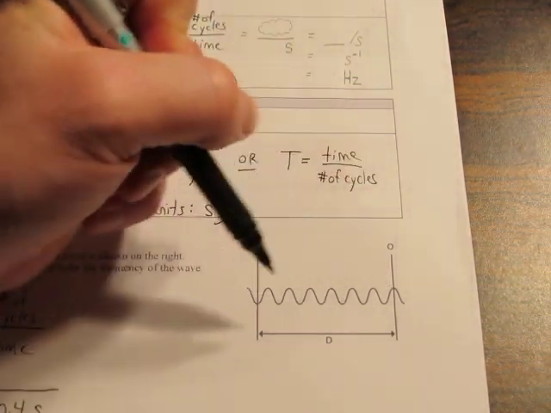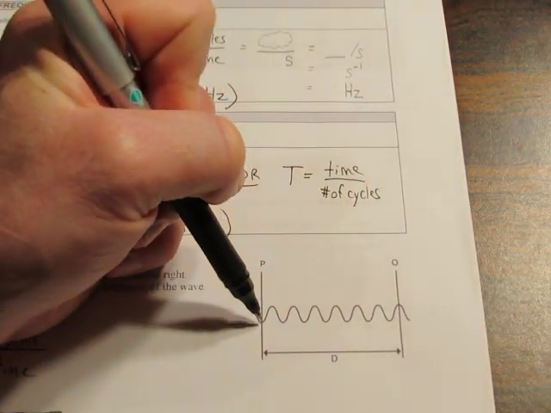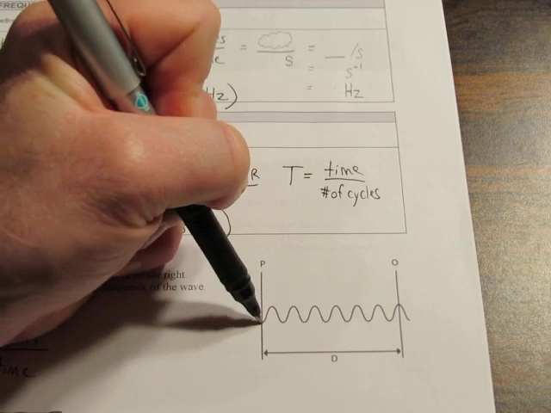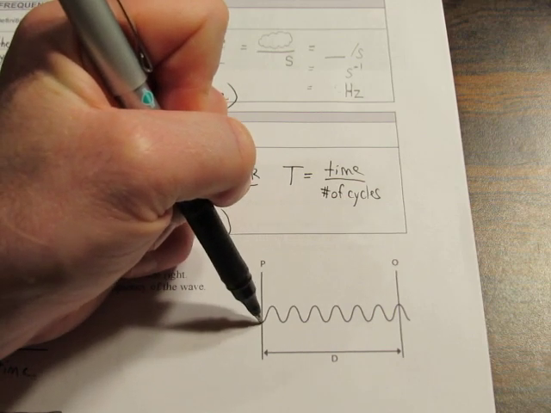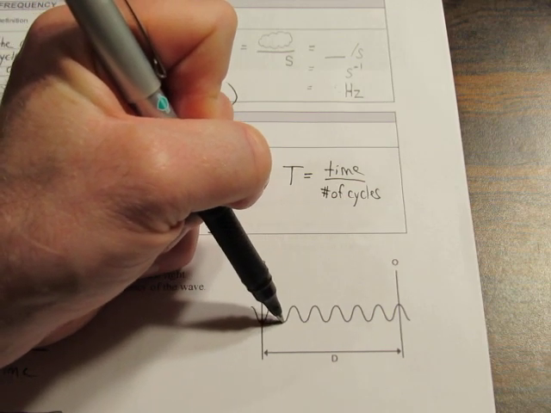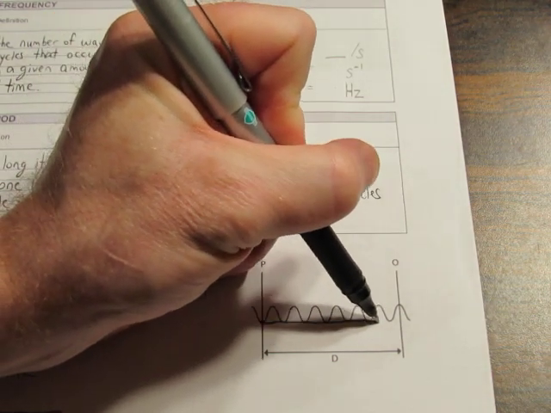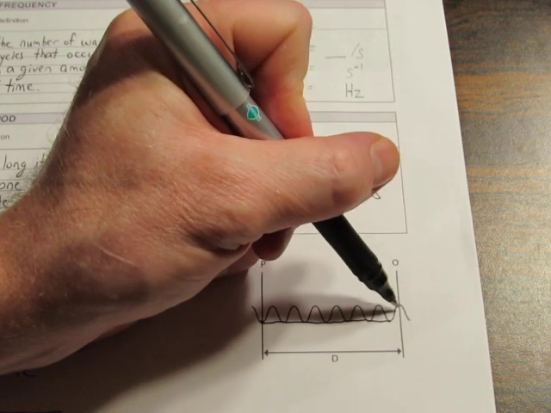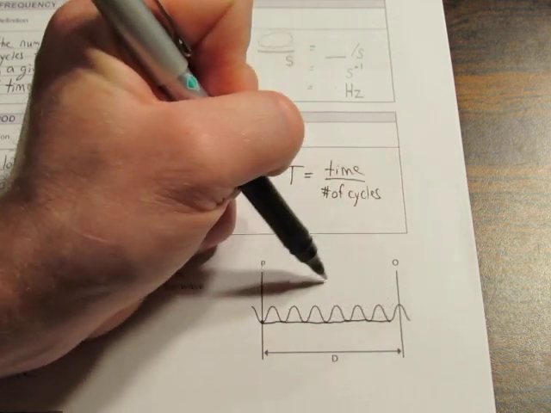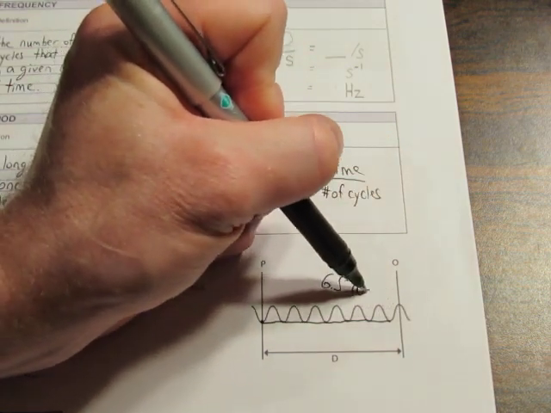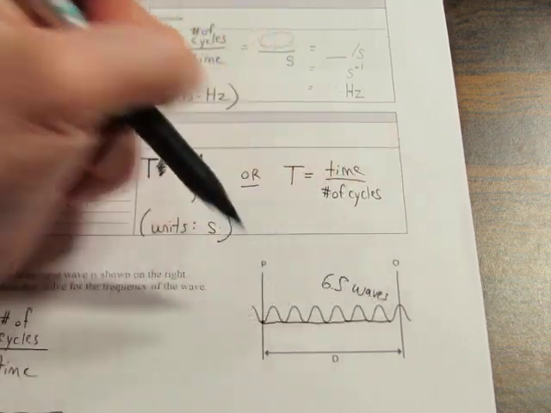Let's do trough to trough. I can see that that's going to be easier here. So if you start here, it starts at a trough. So from there to the next trough is 1, 2, 3, 4, 5, 6, and then half of another one. So there's 6.5 waves shown here across the page.